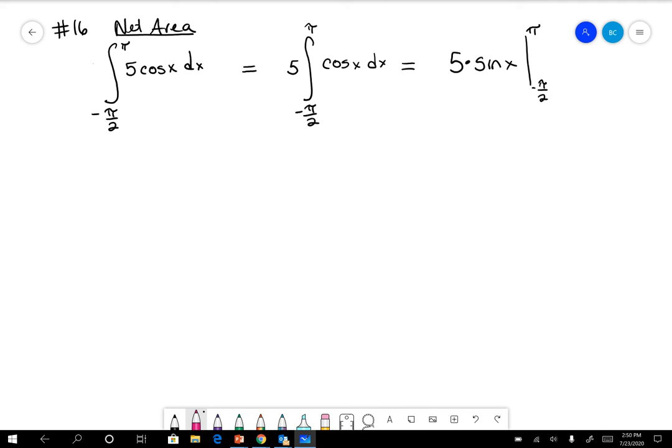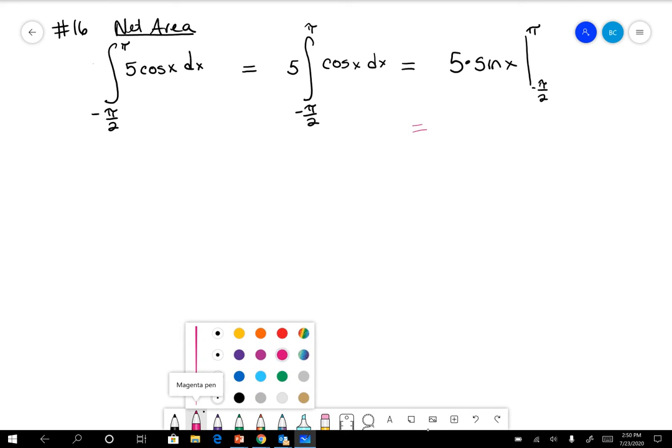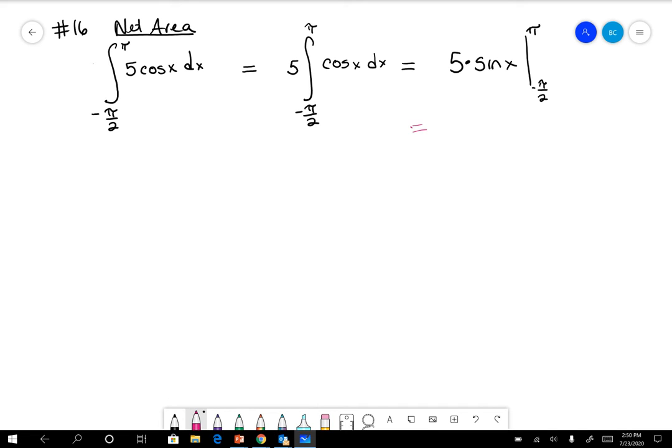All right, so I'm going to plug that in. I'm going to plug in pi, so that will be 5 sine of pi minus 5 sine of negative pi over 2.